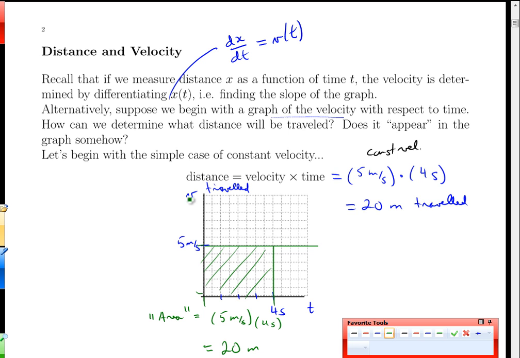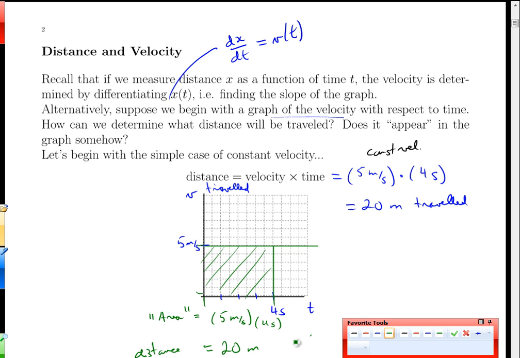So when we're going from velocity down to distance traveled, somehow that seems to be related to an area on the graph of the velocity versus time function. All right, distance it is. Let's take a look and see how we would extend this further.